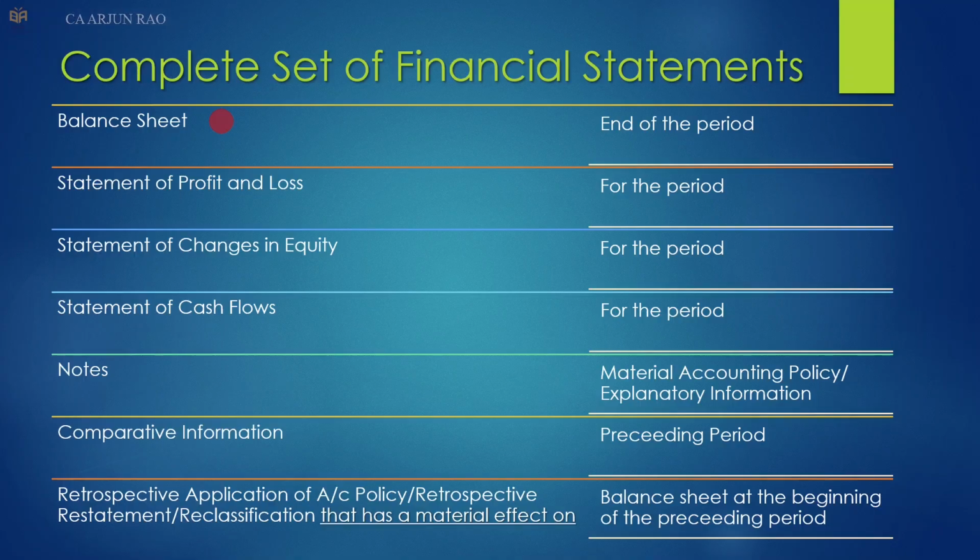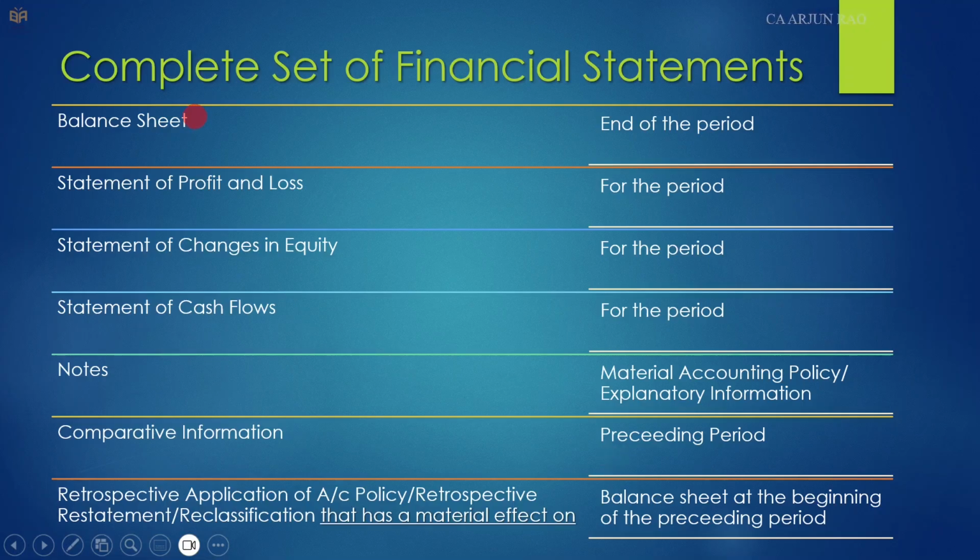So this complete set can be summarized like this: balance sheet, statement of P&L, statement of changes in equity, statement of cash flows. So all this will be for the end of the period or for the period, as well as for the previous period, comparative information.